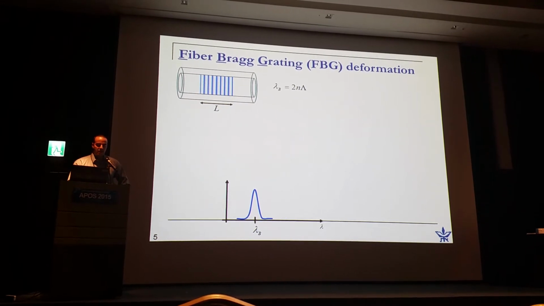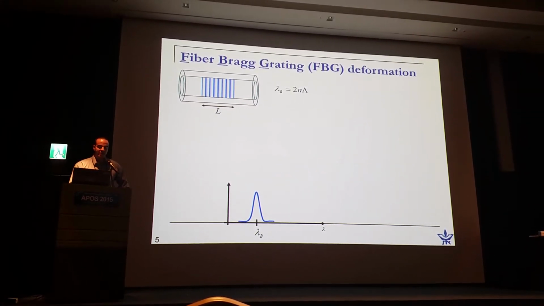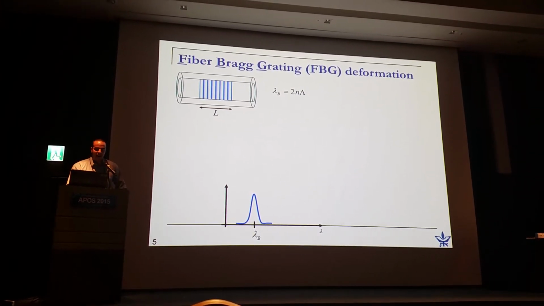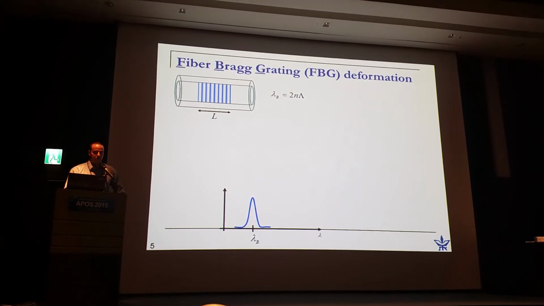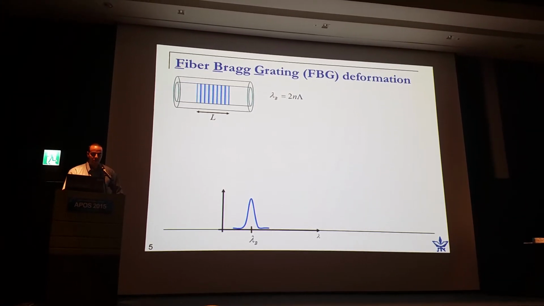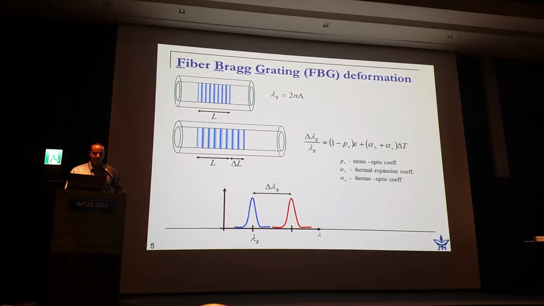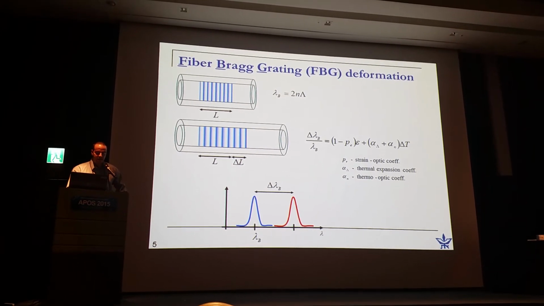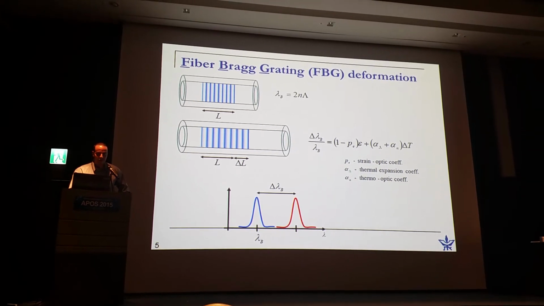Now let's remember what happens when a fiber Bragg grating deforms. The normal unstrained fiber Bragg grating has a Bragg reflection wavelength which is proportional to its period. When it is strained, its reflection wavelength shifts linearly with the strain or the temperature change.